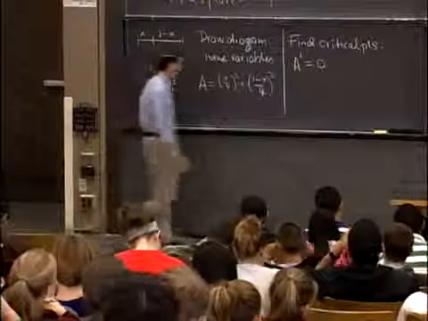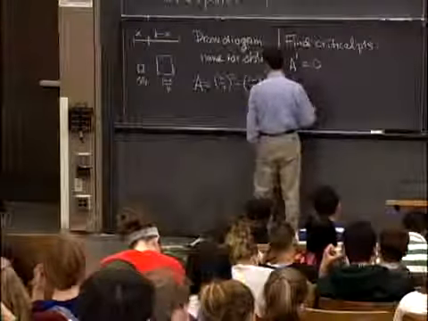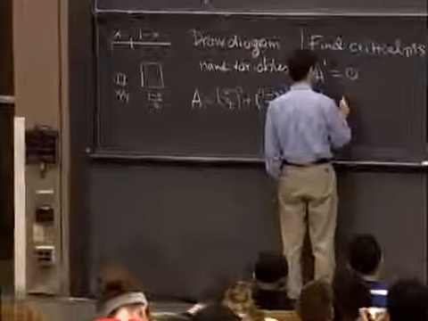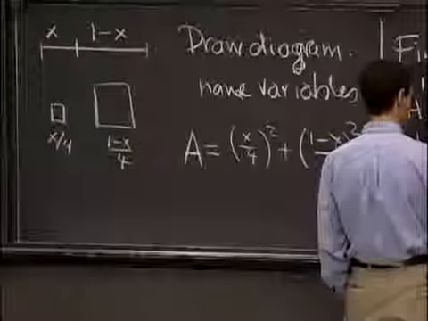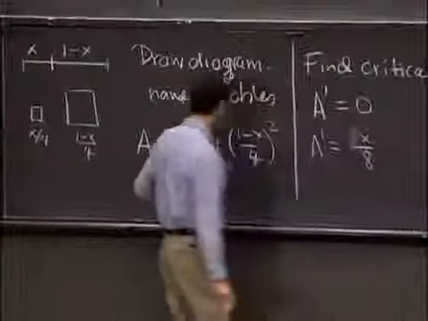So if I do that differentiation, the first one, x squared over 16, gives x over 8. That's the derivative of this.